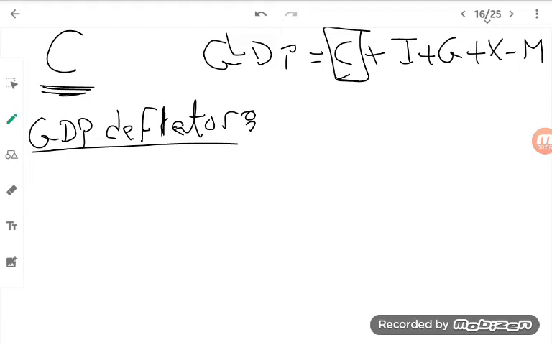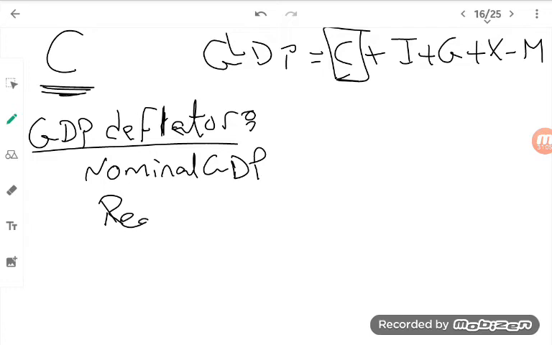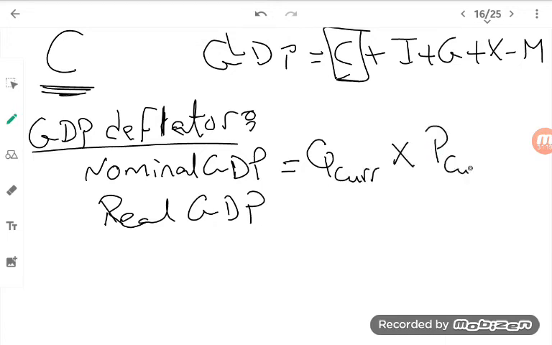The calculation is based on the calculation of nominal GDP and real GDP for the current year and the base year. As we said before, nominal GDP is calculated as quantity current multiplied by price current, and real GDP is calculated as quantity current multiplied by price base.